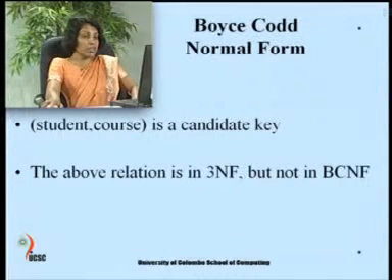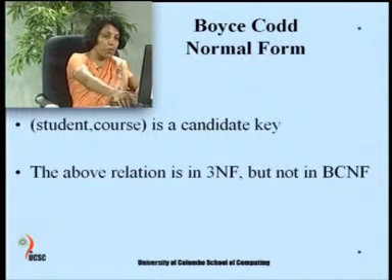So, if we consider this relation, we can consider student, course as a candidate key. Now, this relation is in third normal form, but it is not in Boyce-Codd normal form.